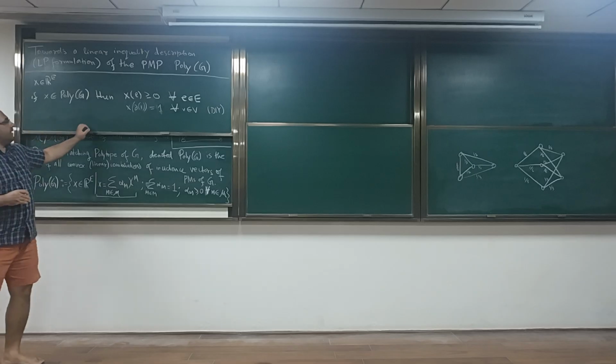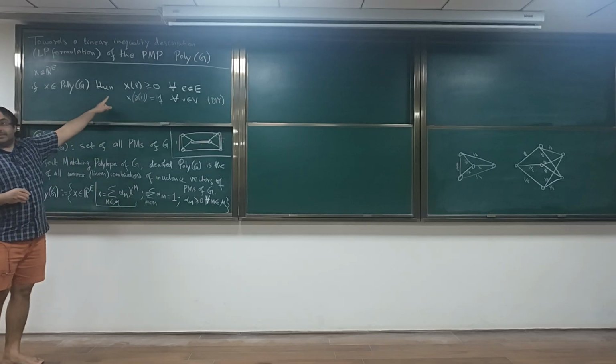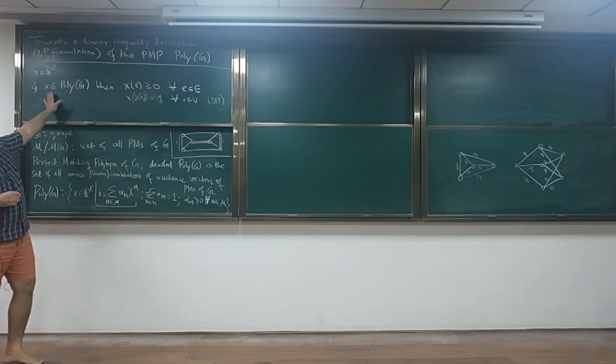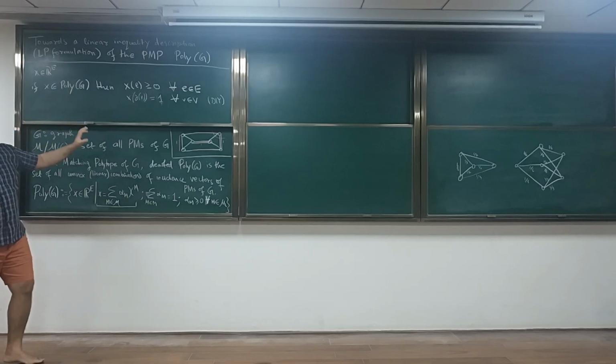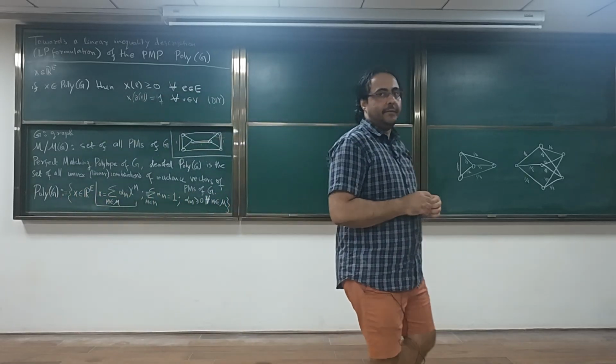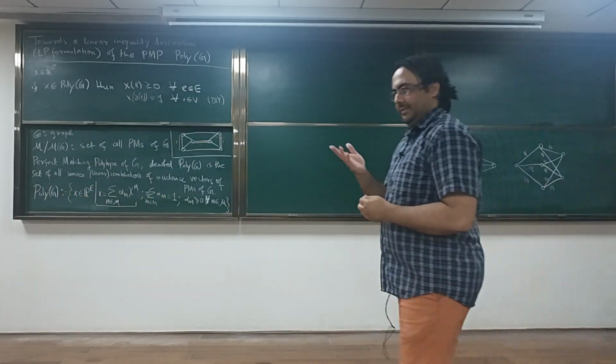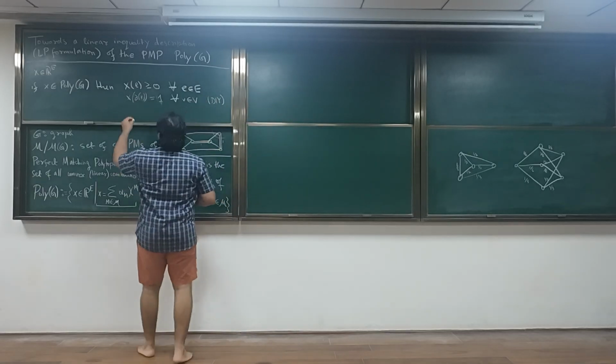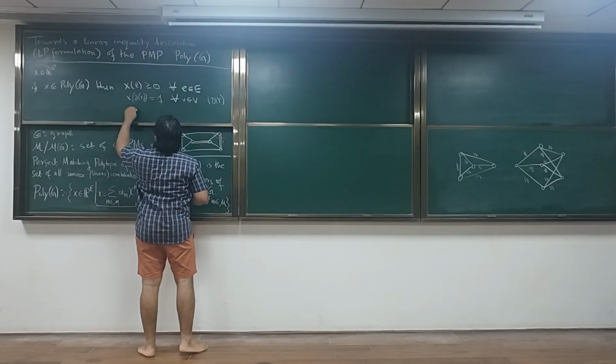Okay, so these two are necessary conditions for a vector to be in the perfect matching polytope. Are they sufficient? I can see some of you nodding in the negative.